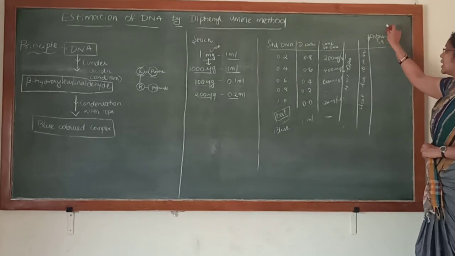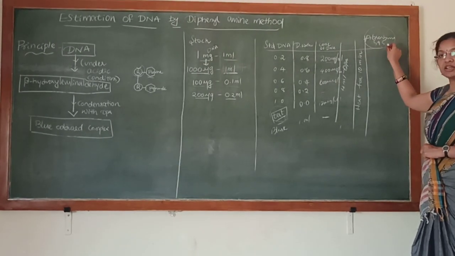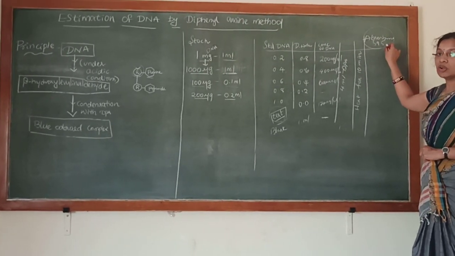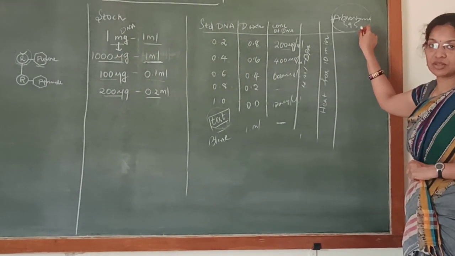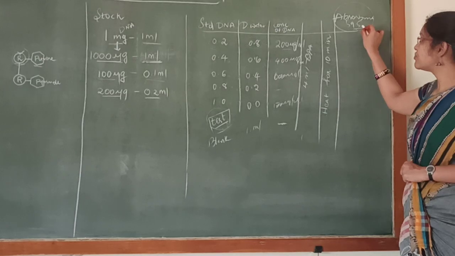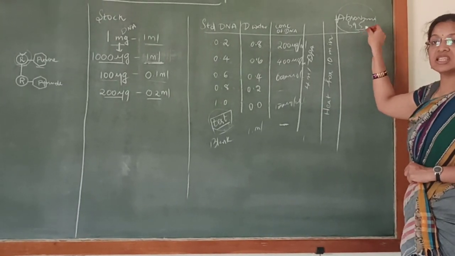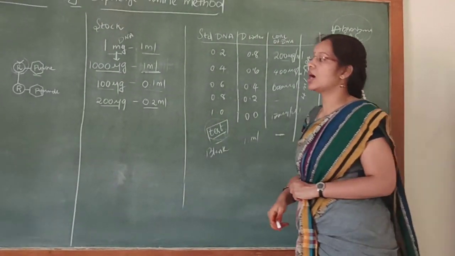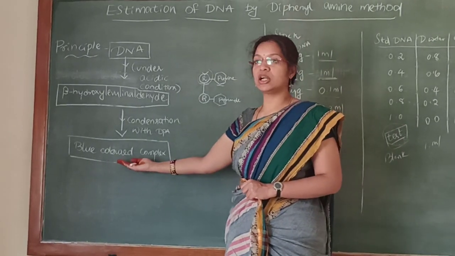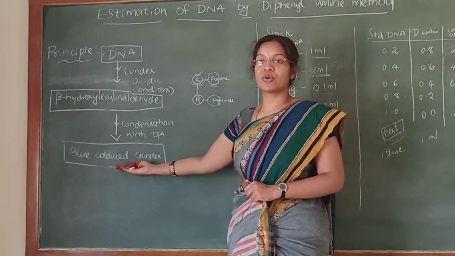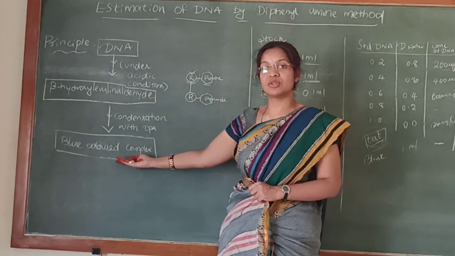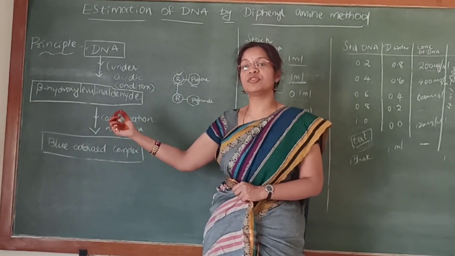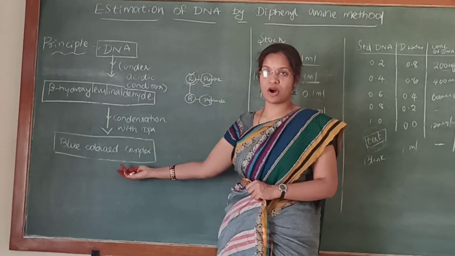Why do you need to take the absorbance at 595 nanometer? Why not at 260 nanometer? Why not at 300 nanometer? This is because 595 nanometer is the absorption maxima for this blue colored complex. By taking the absorbance, you are going to estimate the amount of the blue colored complex formed.